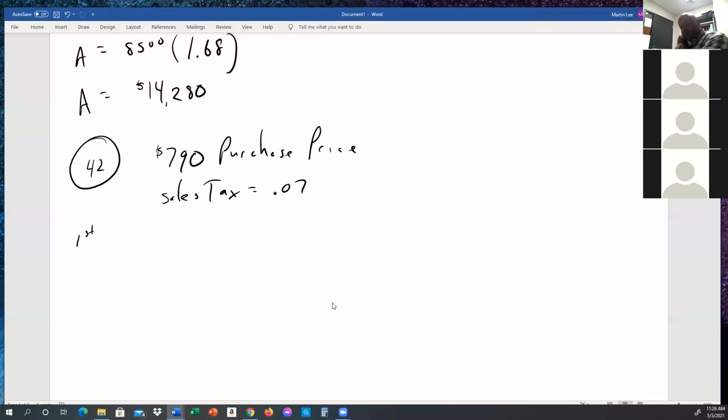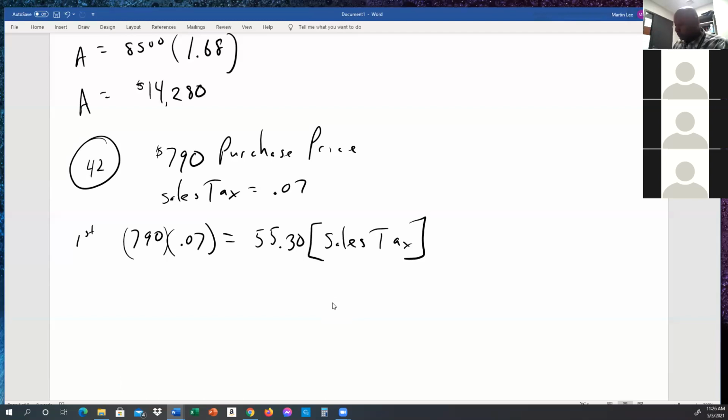Well, first thing we want to do is calculate the amount of tax. So that's 790 times 0.07, which equals $55.30. This is the sales tax.